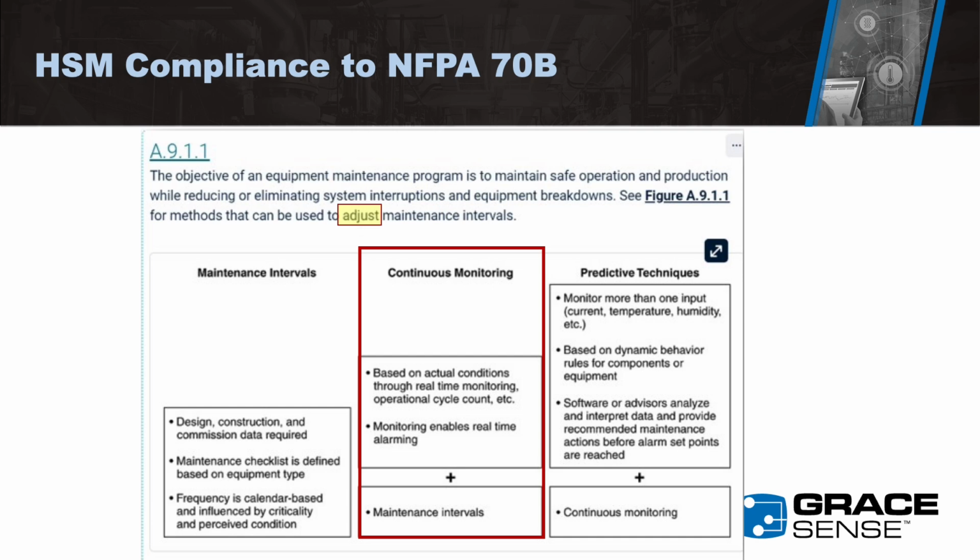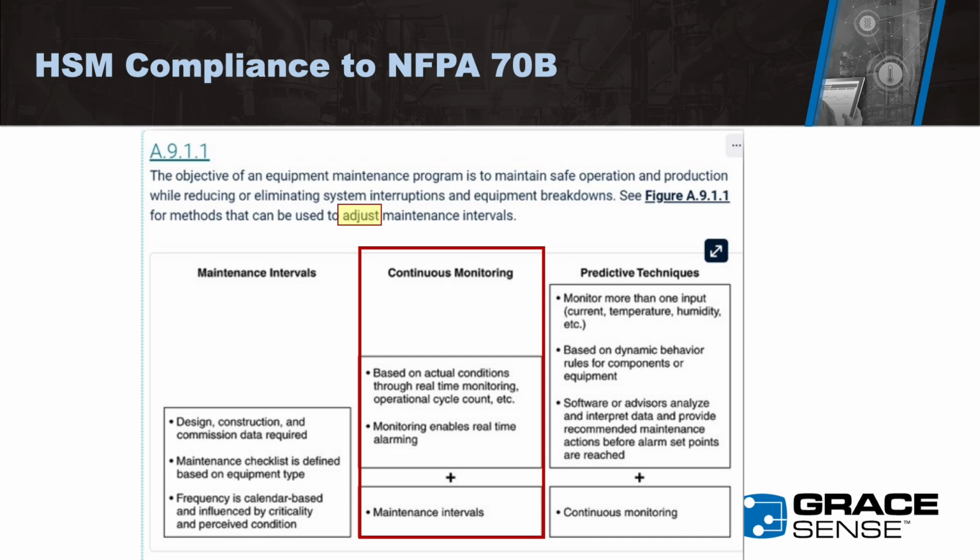And like we were talking earlier about an ROI kind of scenario, with this continuous monitoring solution you not only can deploy it, but you can also adjust your maintenance intervals accordingly.